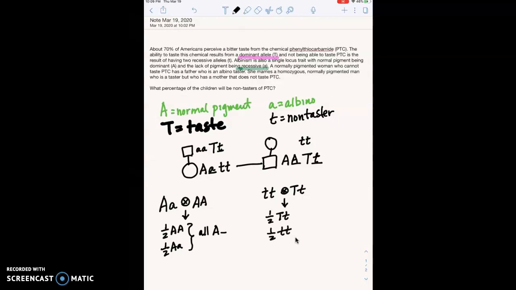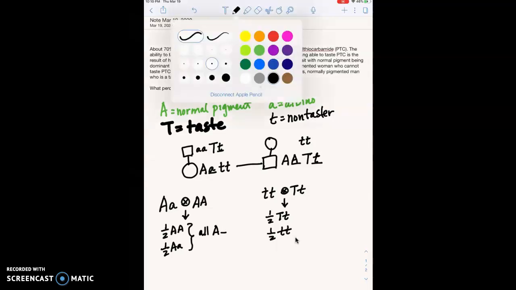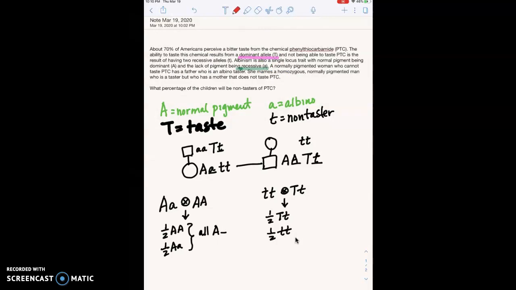Okay? And so now I'm going to put them together, and when I put them together, I have to cross all of this with all of that, because all of these are exactly the same, right? Then that means I will take 1 out of 1 times 1 out of 2, and that gives me 1/2 is going to be big A something and big T, little t.